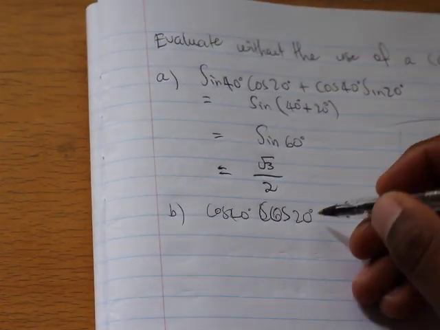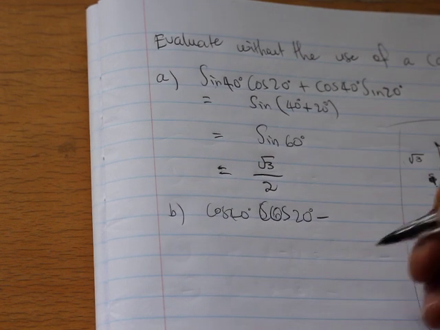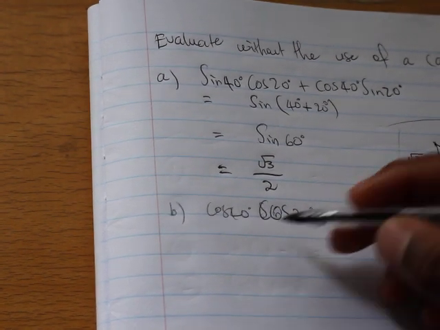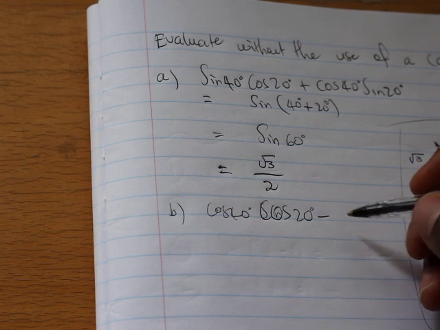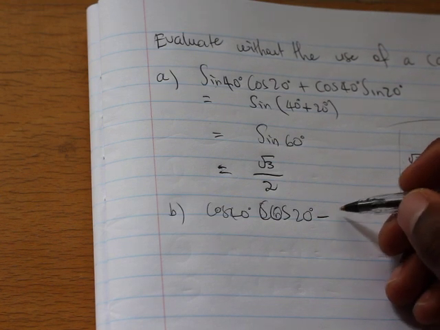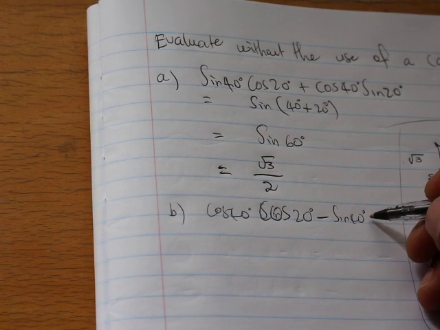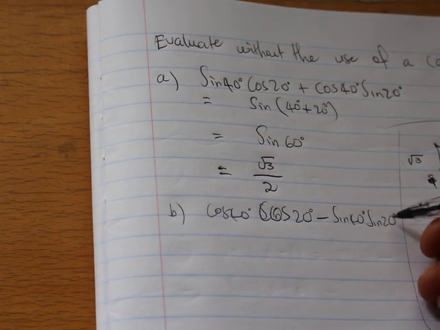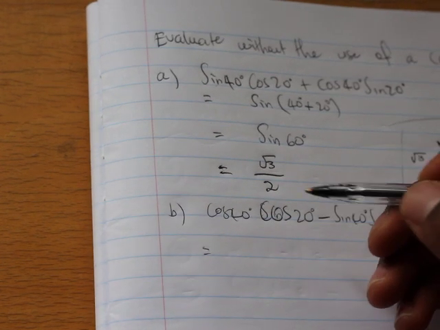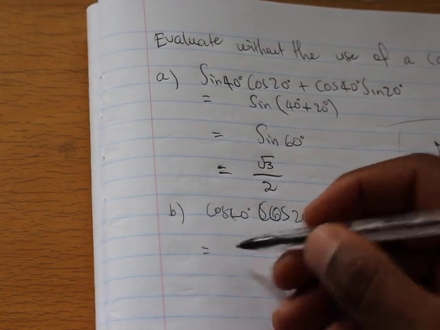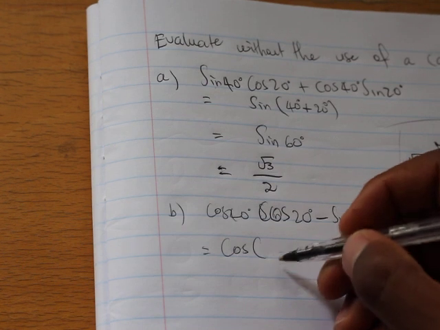Again, you can already predict what the compound angle is going to look like. We've got the same trig ratios, so sine 40 degrees and sine 20 degrees. If the trig ratios are identical, what compound angle are we going to have? I hope you said cosine.